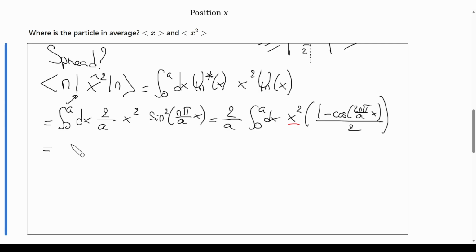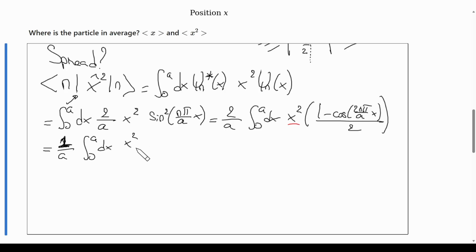So we have 2 over a of the integral from 0 to a dx of x squared over 2 minus, and this over 2 here we can simplify with the 2 here.